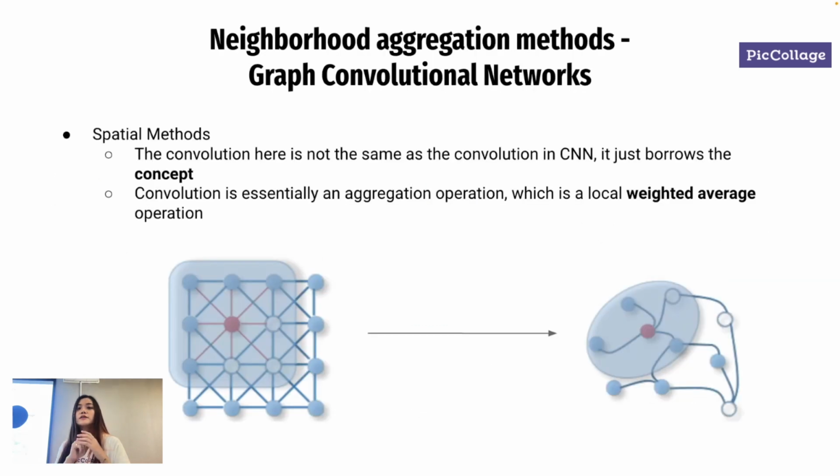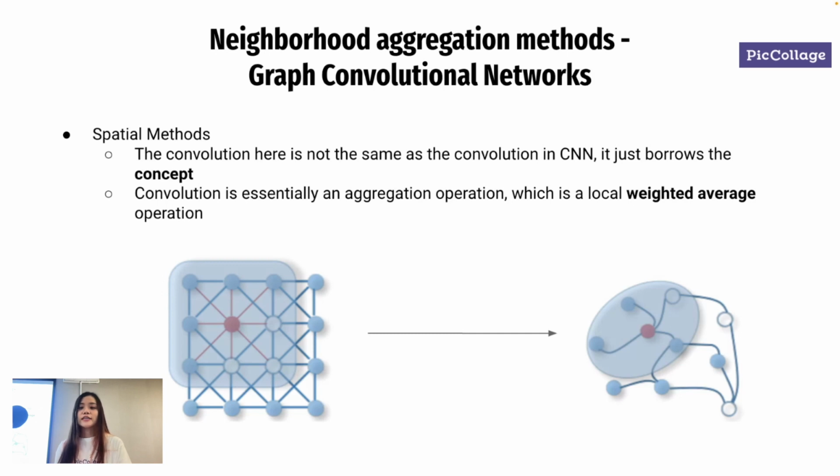So here comes a new kind of GNN called Graph Convolutional Network. The reason why it is called Graph Convolutional Network is because it uses the concept of convolution. But here it's not the same as a CNN. It just borrowed the concept.